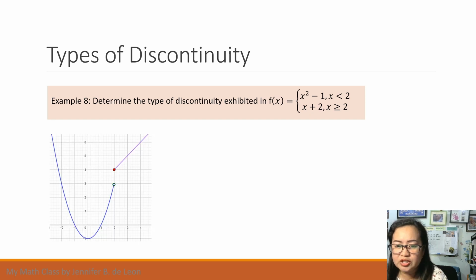Now, using its graph, we would be able to see that if we trace the graph, we will be interrupted by a hole, then jump to another point in order to trace the other part of the graph. So in this case, we will have a jump discontinuity. We cannot remove the discontinuity in this kind of function.